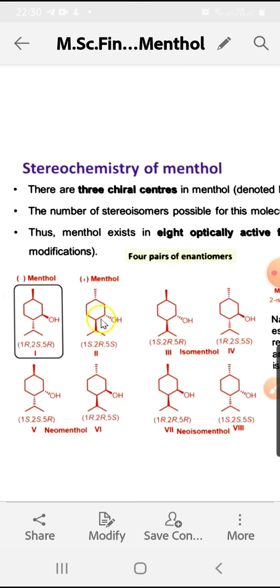Menthol has its 2 isomers. Similarly, isomenthol, neomenthol and neoisomenthol also have two enantiomers. Now this menthol is a diastereomer of isomenthol, neomenthol and neoisomenthol. Similarly, isomenthol is a diastereomer of menthol, neomenthol and neoisomenthol.